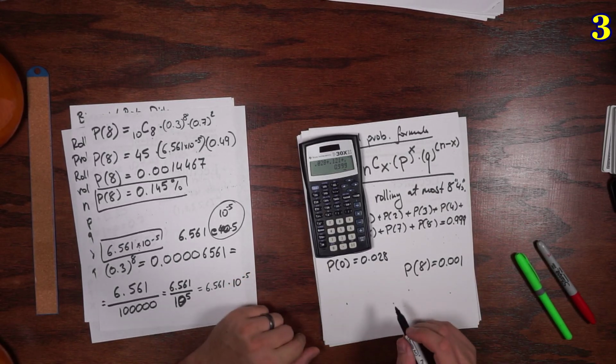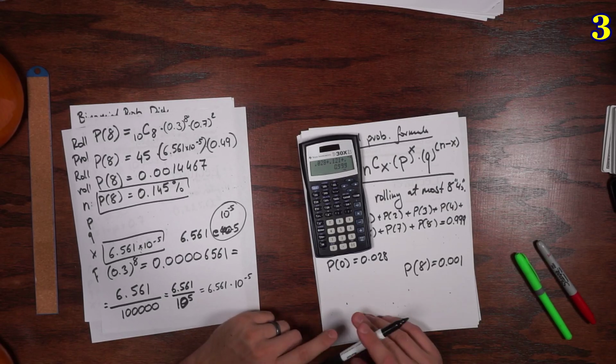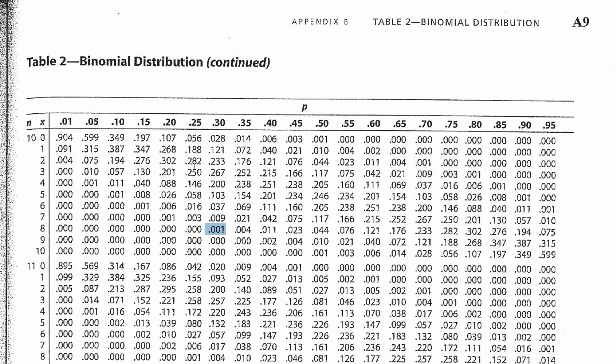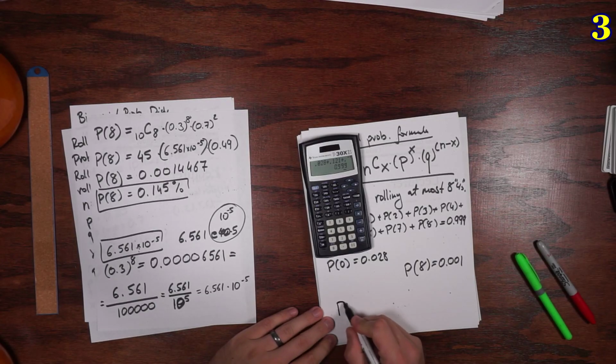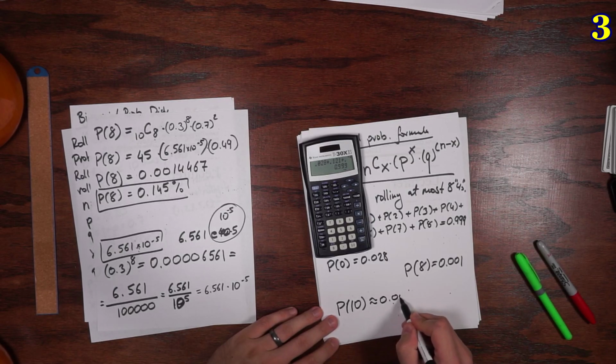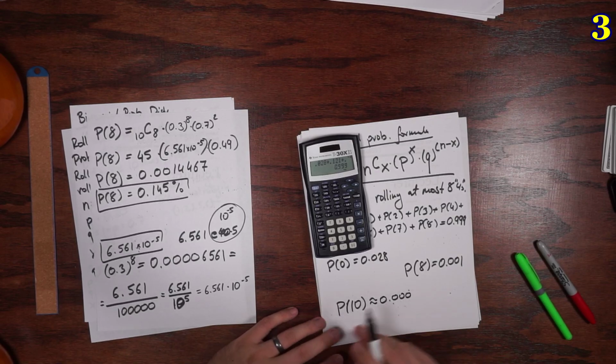Second of all, that 0, 0, 0 that you saw right here doesn't mean 0. That just means that the probability of rolling 10 fours out of 10 rolls is about 0 because it's rounded.